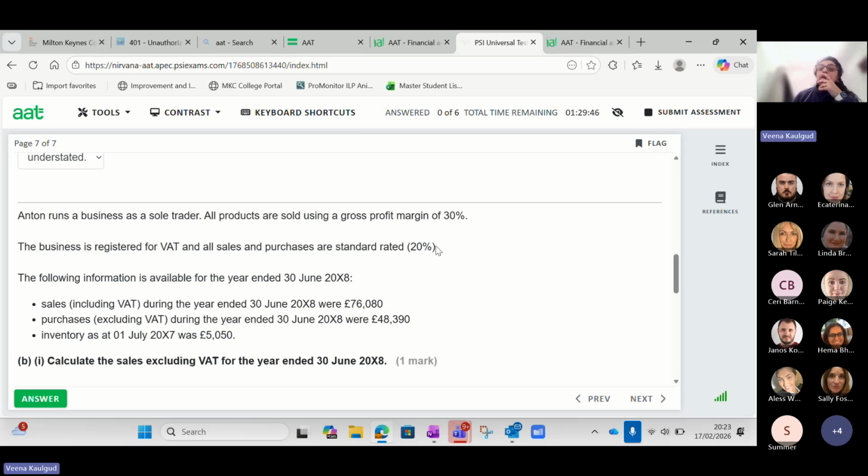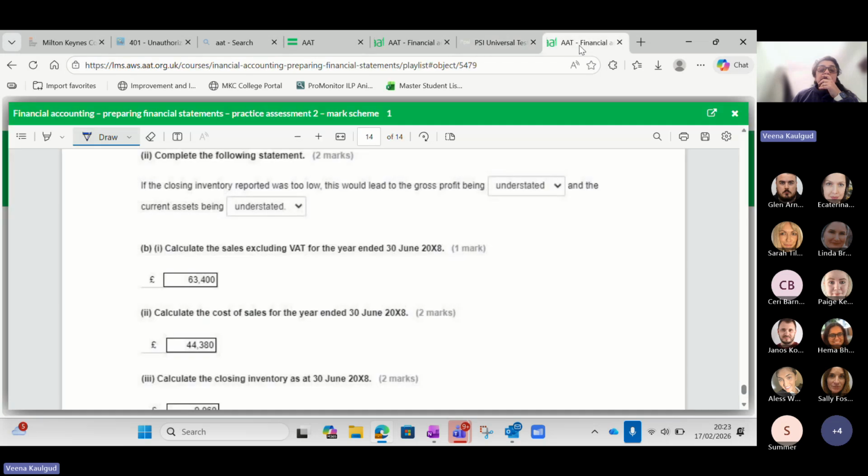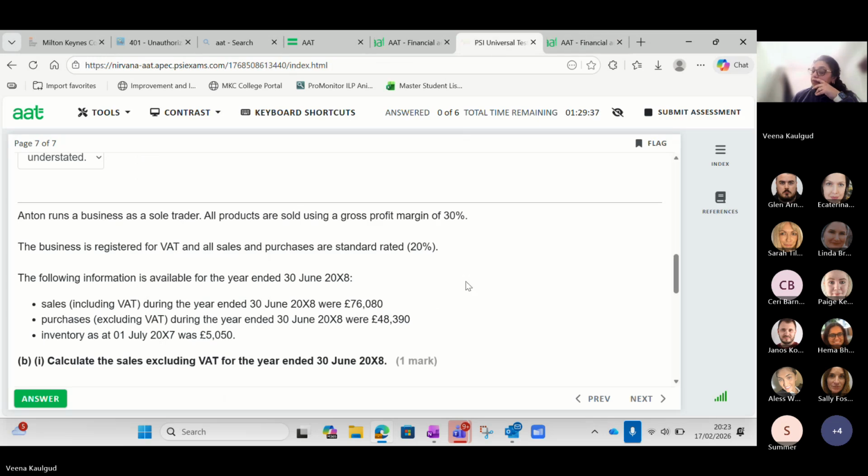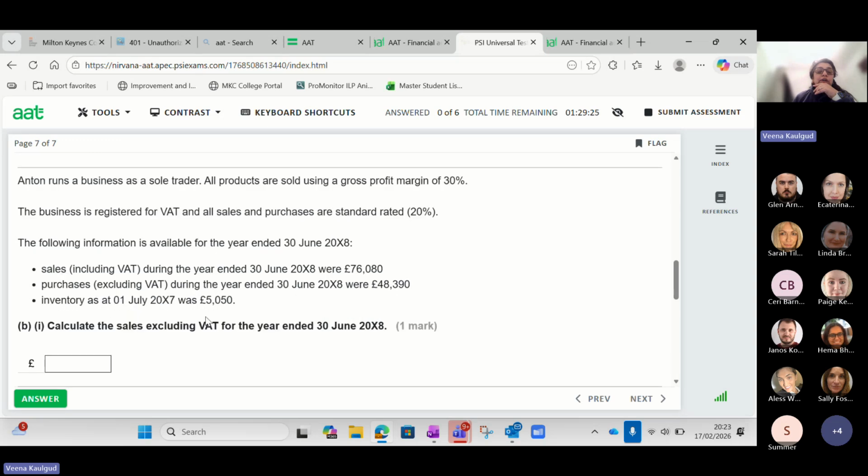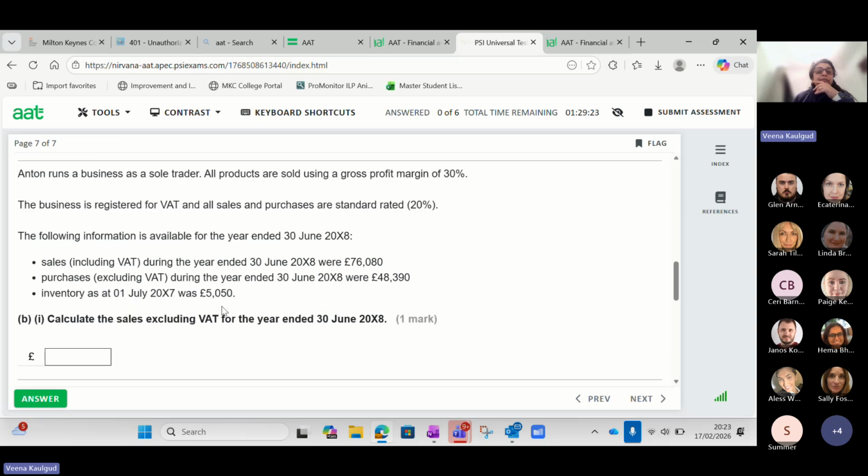Yes, it will be 63,400. Just give me 1 second. All you have to do is take away the VAT from this. So you divide it by 6 to find the VAT and then just take it away. That will give you the sales excluding VAT.